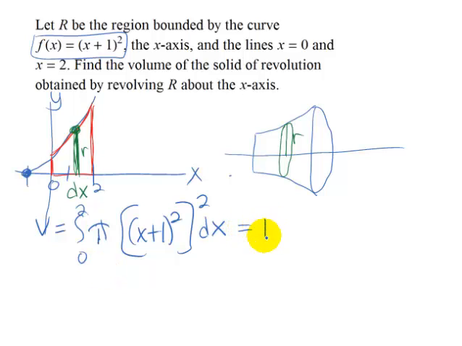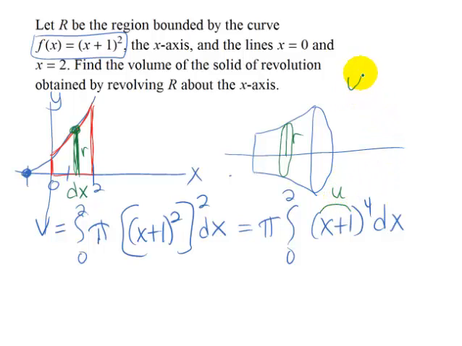Now we could move the pi out in front, and we've got the integral from 0 to 2, and this is just going to be (x + 1)⁴ dx. As we go to evaluate this integral, let's let the stuff inside the parentheses be u. If u is x + 1, then du is just going to be dx. So we could express this as pi times the integral.